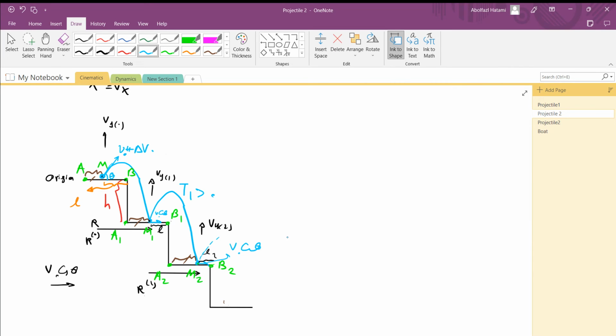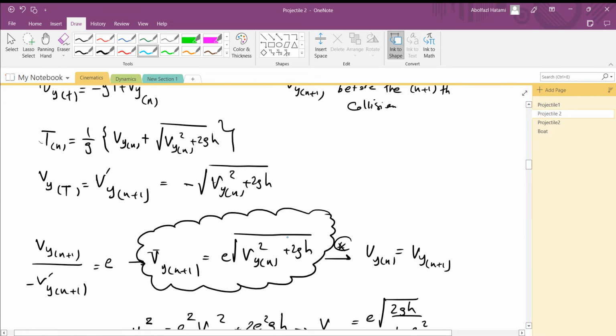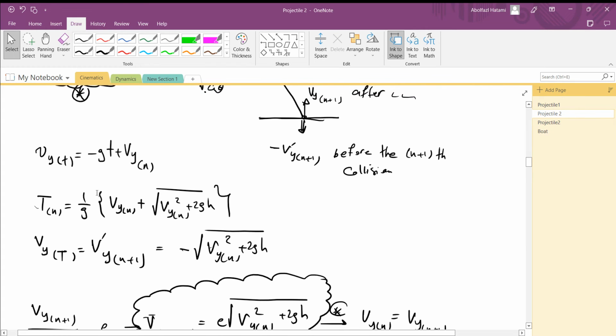I want to say that it is going to be t0, the time which the ball is in the air before the first collision, and it is going to be t1, and also we have tn, and t0 is just t0 plus a delta t0, because our velocity in the y direction changes. We understood that the time, capital T, which is the time the ball is in the air, is just a function of vy of n, which is a parameter related to the ball.